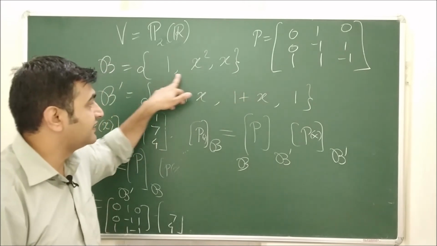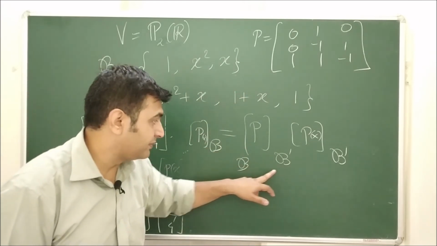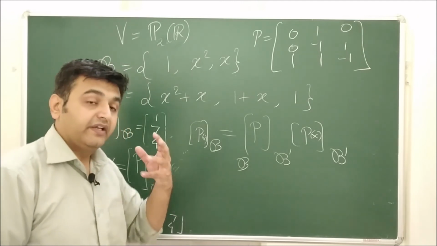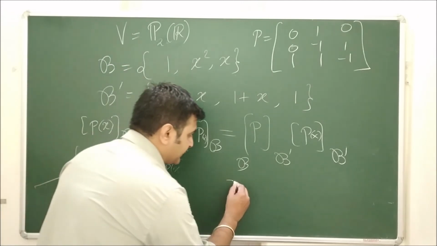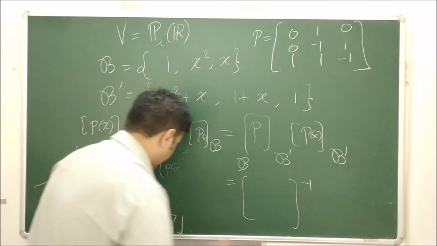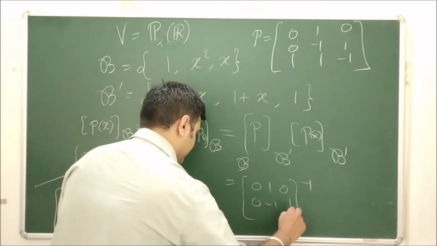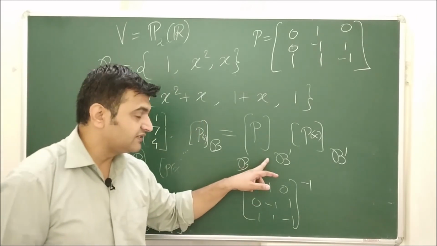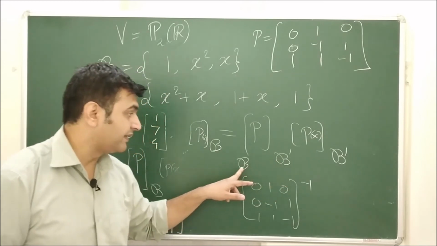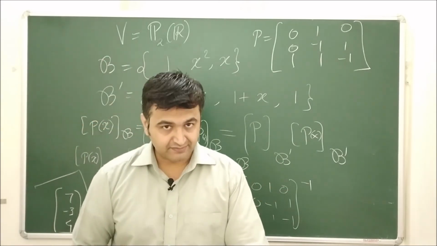Take 1, write it as a linear combination of these. Then that is the change of basis matrix from B prime to B. But if you are feeling lazy and you already have this one, then this is nothing but the inverse of this matrix, which is 0 1 0, 0 minus 1 1, 1 1 minus 1. You take its inverse, and that is the change of basis matrix from B prime to B. So that's how one plays with the change of basis matrix.